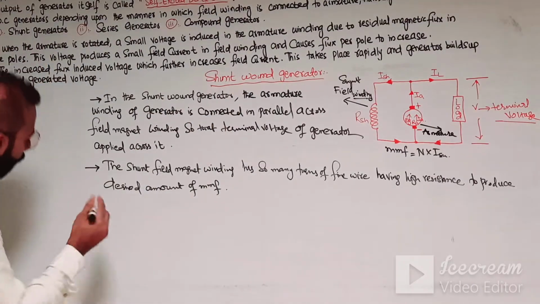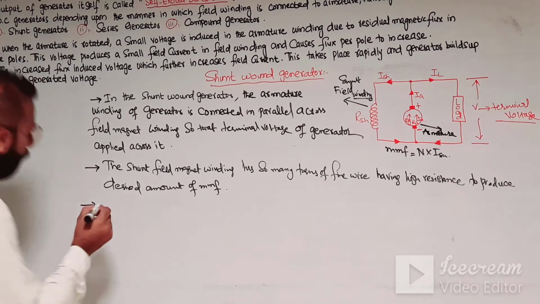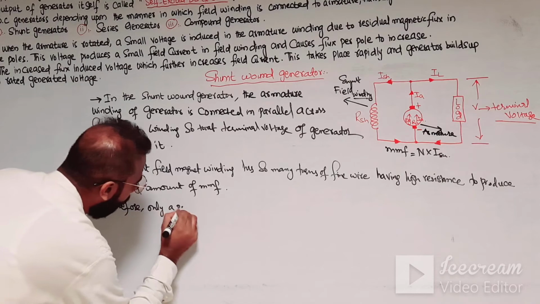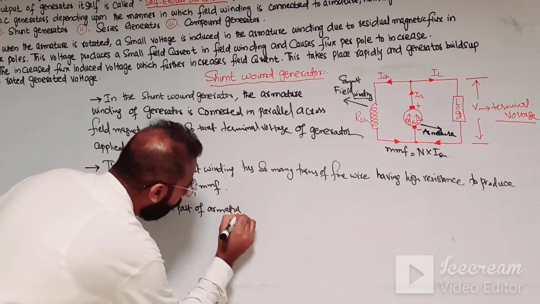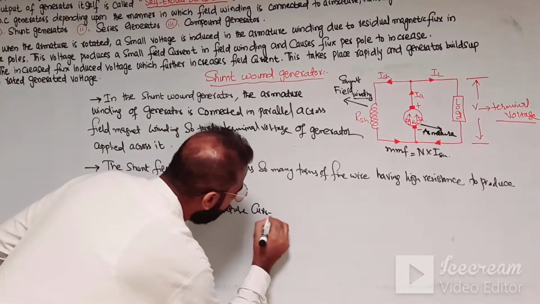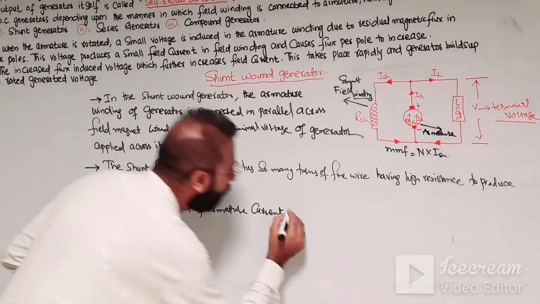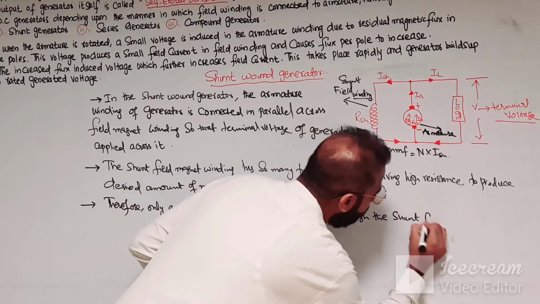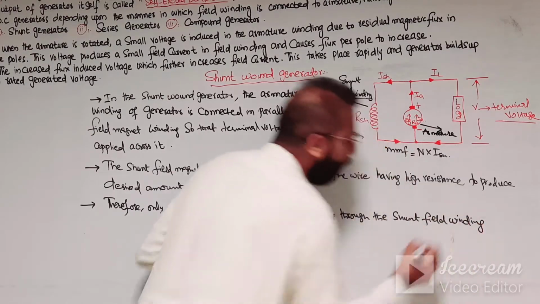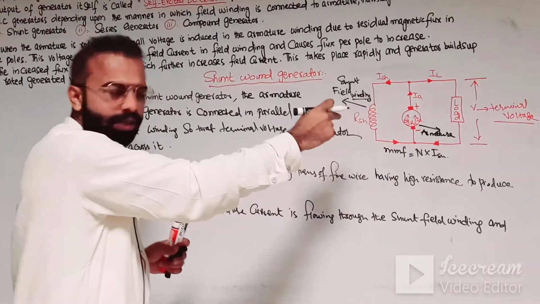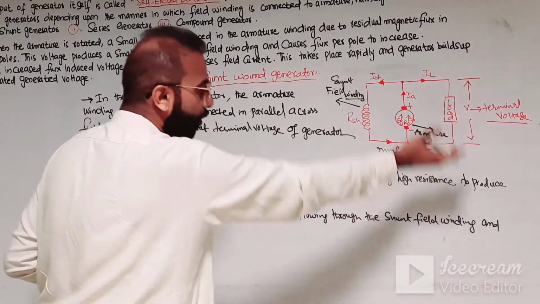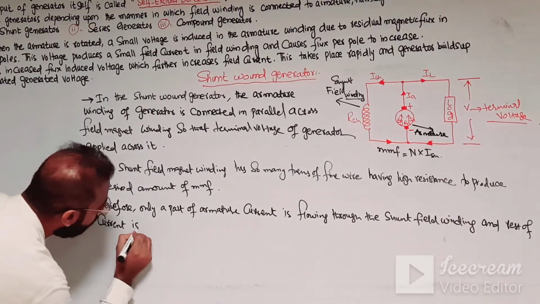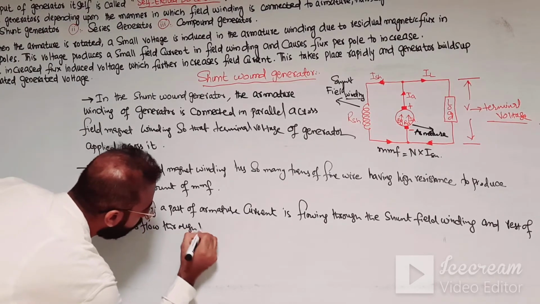Now the third point is that therefore only a part of the armature current is flowing through the shunt field winding, and the rest of the current flows through the load.